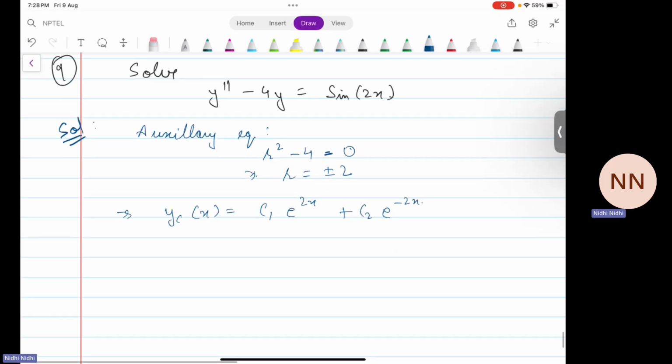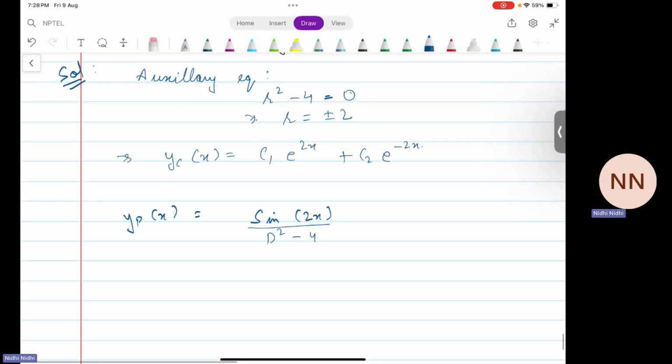The function ypx is equal to sine 2x by D square minus 4. Now we'll see whether we can replace D square by minus a square.